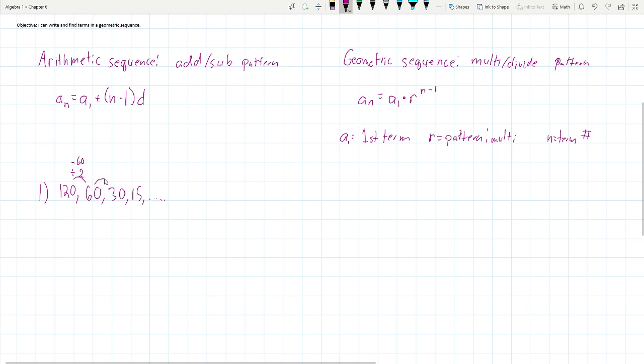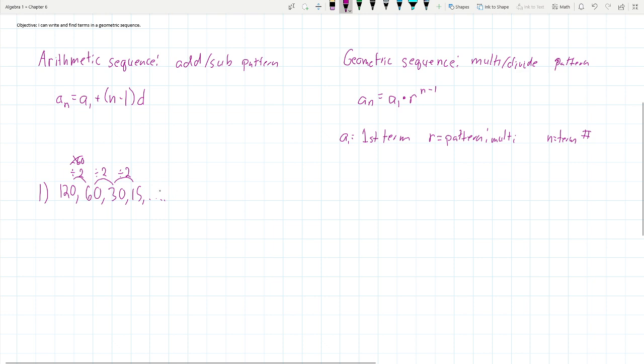Then I check the next one. I'm going from 60 to 30, and I'm not subtracting 60, I'm subtracting 30. So the subtraction method doesn't work out. So am I dividing by 2? Yes, I am. And to go from 30 to 15, I'm dividing by 2. It is important to check every single one. A lot of times you'll get some random number in there that breaks it, and so it doesn't work.